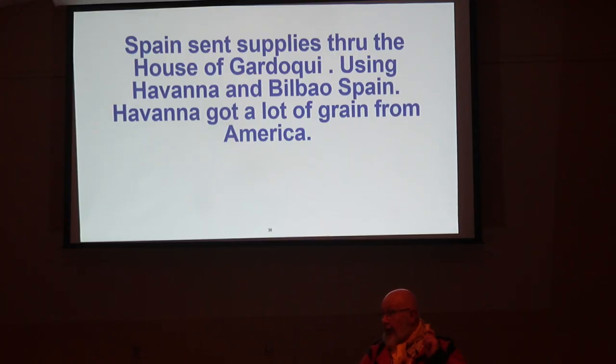Havana, why Havana? Havana had, and this was passed on to me by some of the guys from the St. Augustine years, Cuba was dependent on American grain and food because they grew a lot of cash crops. They grew tobacco, they grew a lot of cash crops for Spain. The problem is those slaves had to be fed.